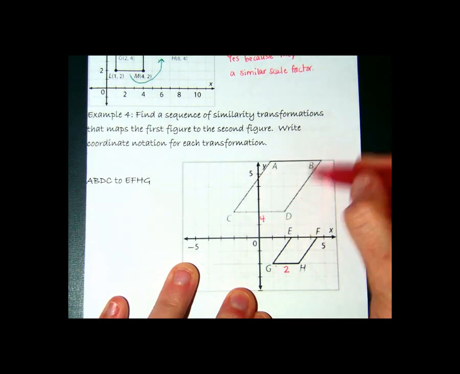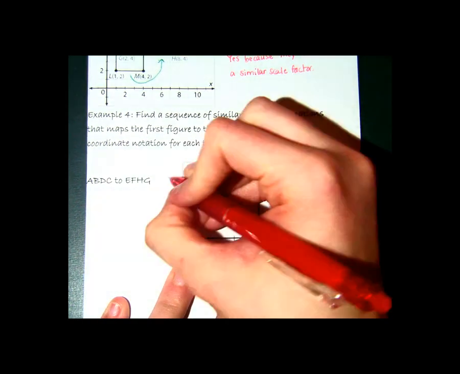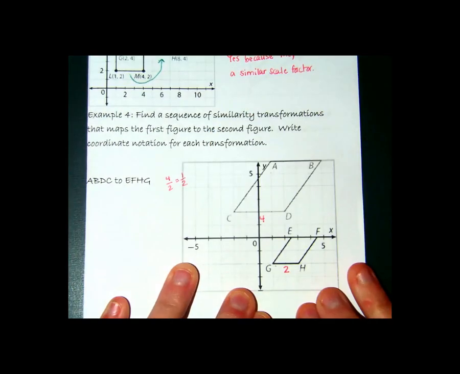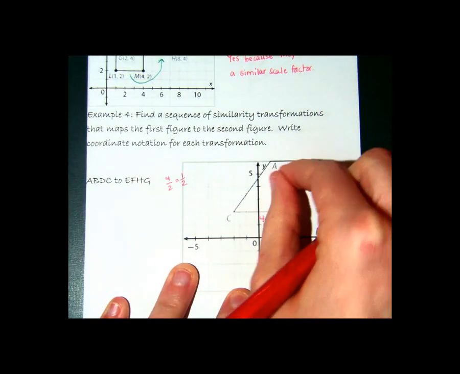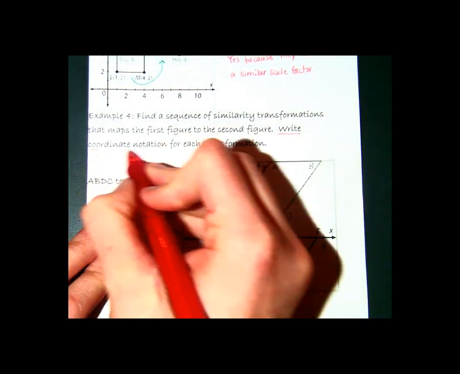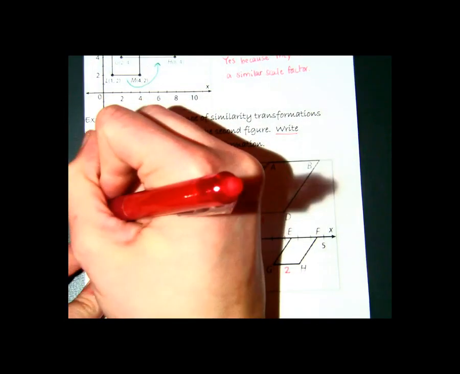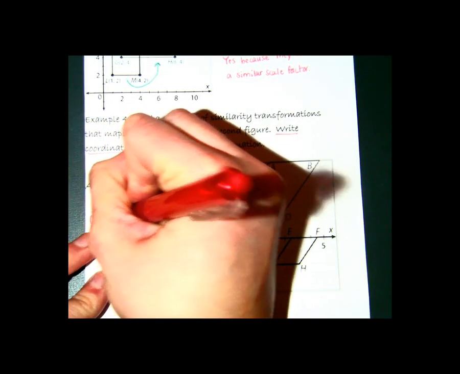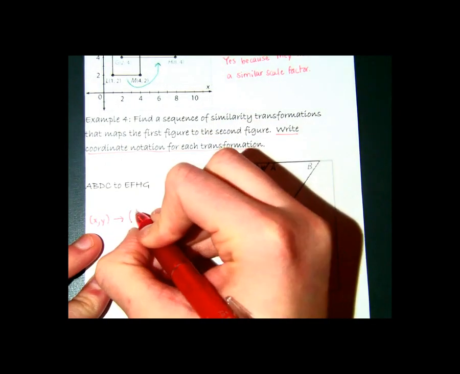So from the large one to the small one, I have 2 over 4, which is a half. So I'm actually going to half this figure to start with. I'm specifically supposed to be writing this in coordinate notation, which means I have x, comma, y maps to. I'm multiplying these by a half.